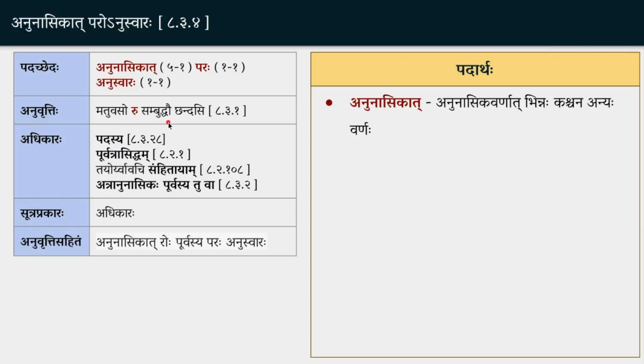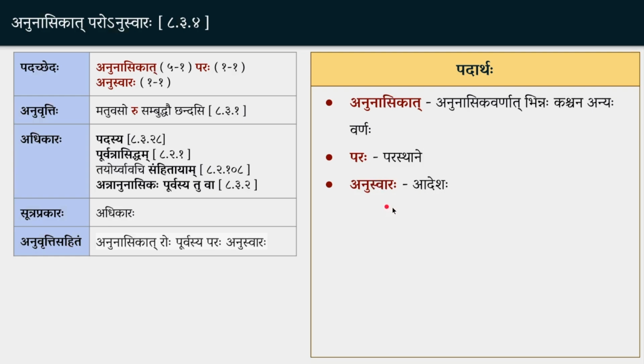Idanim padartham pashyamaha. Anunasikat ityanena anunasika varnat bhinnah kashchana anyah varnah bhavati chet iti arthah. We will see the meaning later. And next one is parah ityanena parasthane, after that.